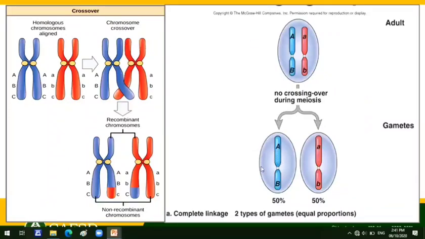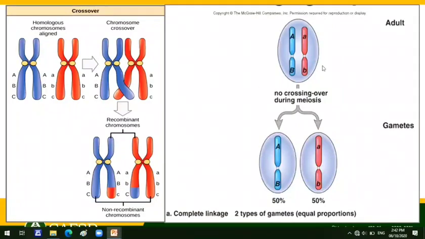As you can see here in the gamete, the genes are inherited together as a single group, and this single group is called a linkage group. This one is a linkage group, this one is a linkage group, because dominant genes A and B are inherited together. The recessive genes a and b are inherited together.